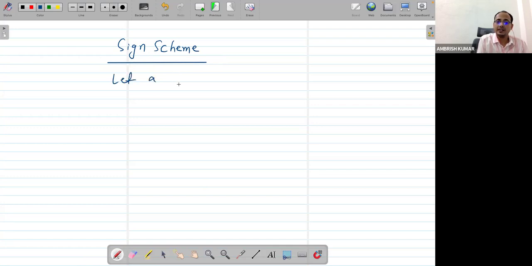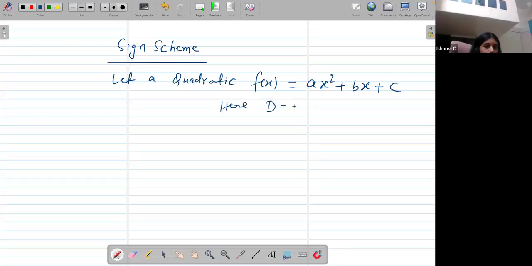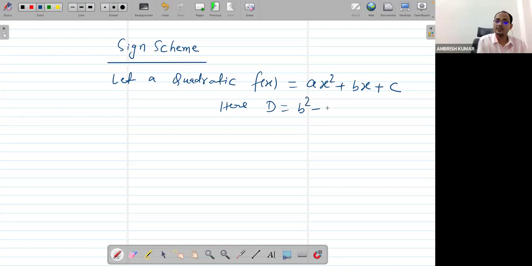Let a quadratic function f(x) be ax square plus bx plus c. Here the value of the discriminant is given by b square minus 4ac.